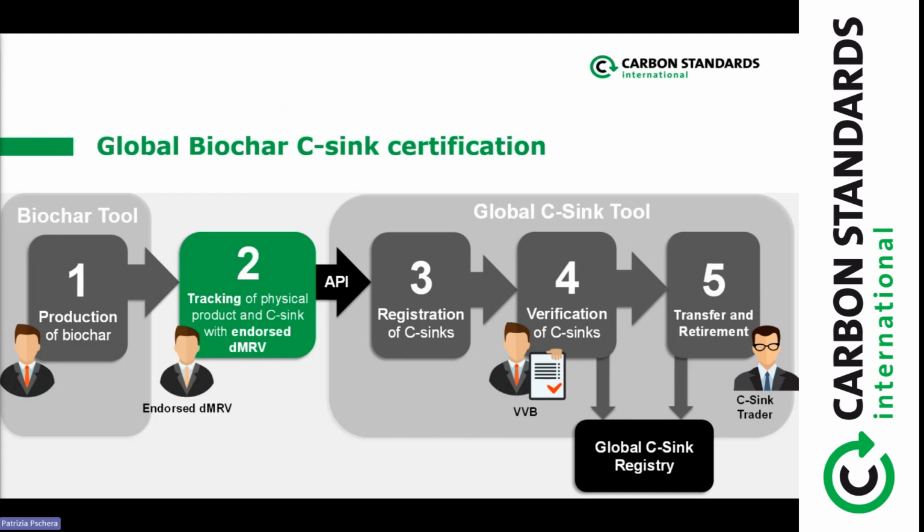And after factory gate, the biochar will be handed over to a DMRV system that is then tracking the whereabouts of the biochar, but also documenting all the emissions that appear after factory gate, so while processing or while transporting the biochar to the final matrix where it constitutes a C sink.